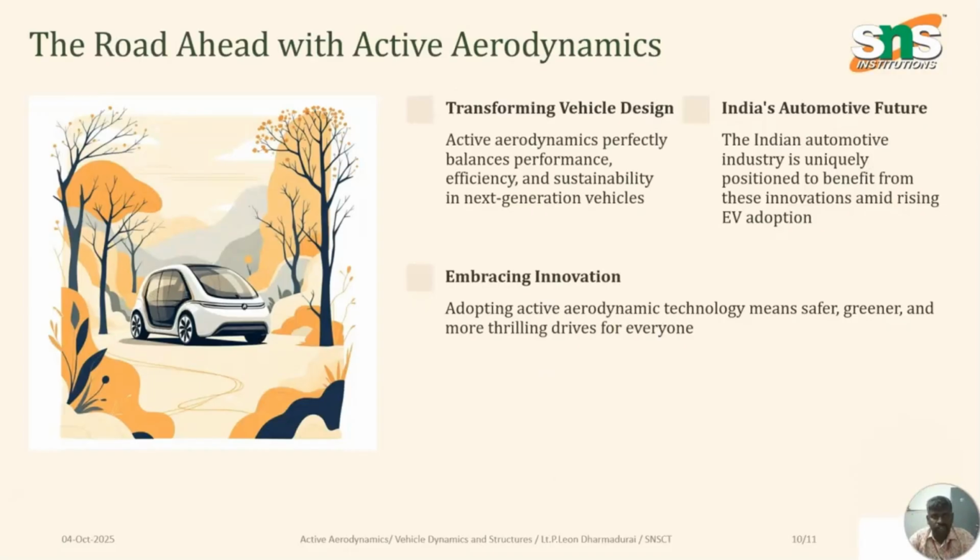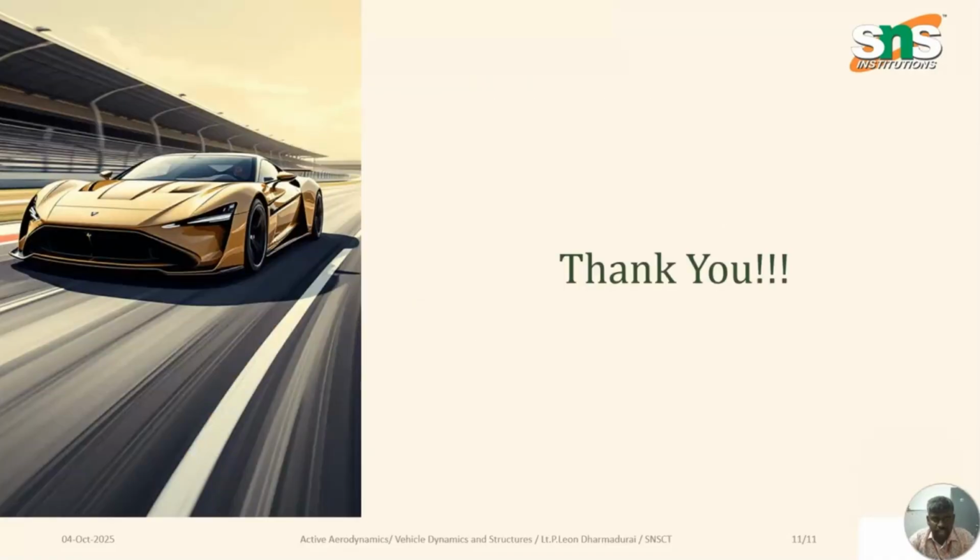This is the road ahead with aerodynamics. It includes transforming vehicle design according to next-generation requirements, and it will also play a vital role in the Indian automotive future and pave the pathway for innovation in vehicles, especially in EVs. So that's all about active aerodynamics.